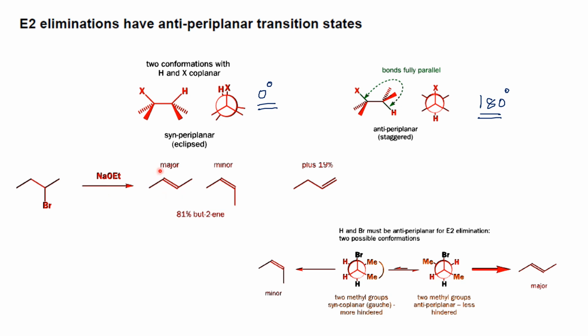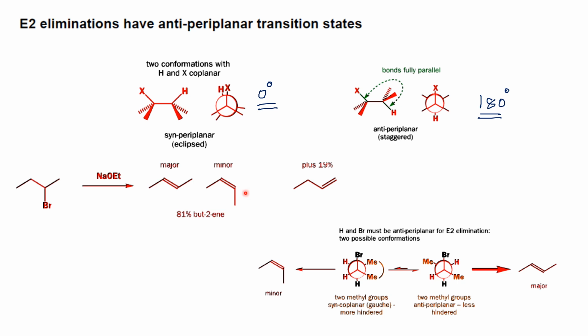Then there is the possibility for two different alkenes to be formed, but one will be the major product. This is the major product and this is the minor product. You can see that this minor product is formed from this conformation, and the major product is formed from this conformation. And in both cases, you can see that the hydrogen and the bromine atoms are anti-periplanar.